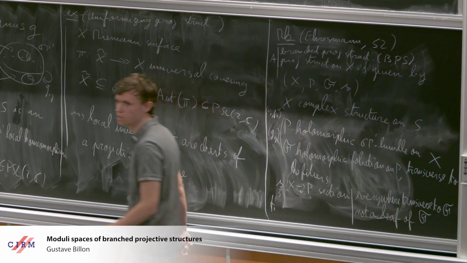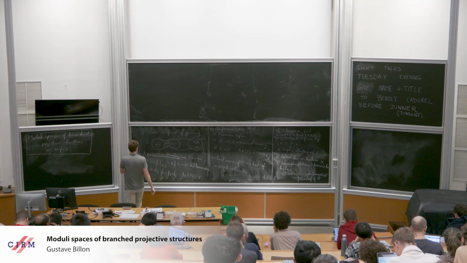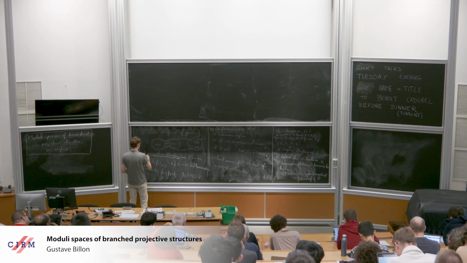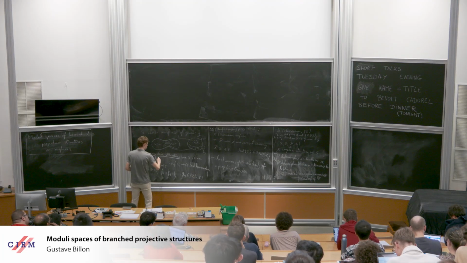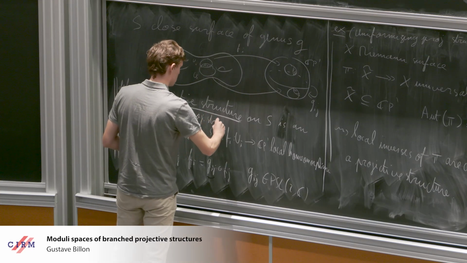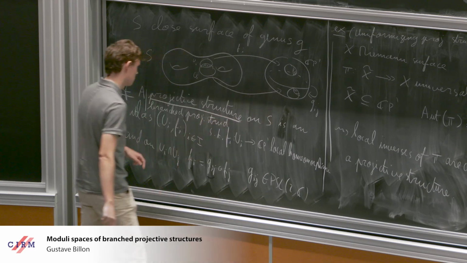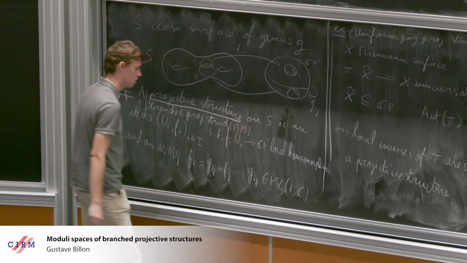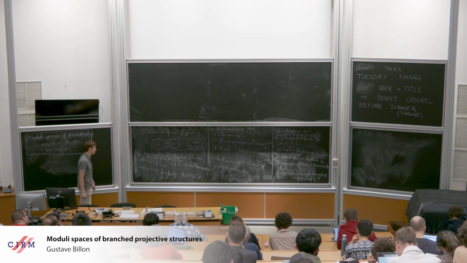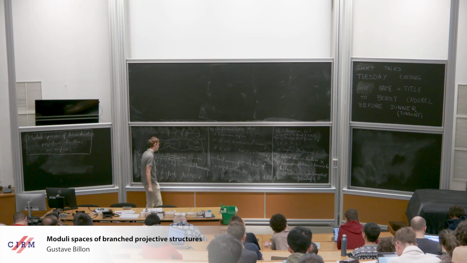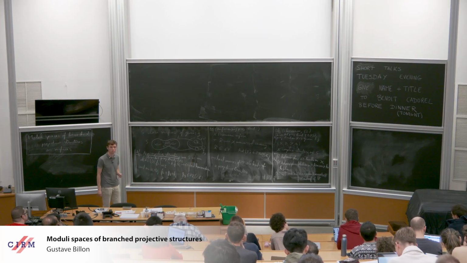And you can also define such a structure with an atlas. So branched projective structure, BPS. And if you define it as an atlas, you allow the charts to have ramification points.